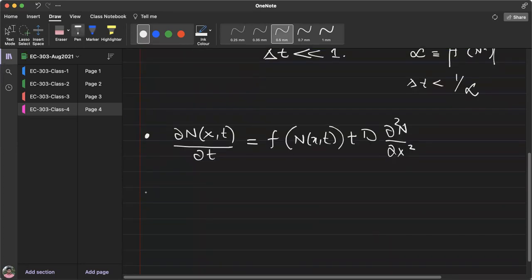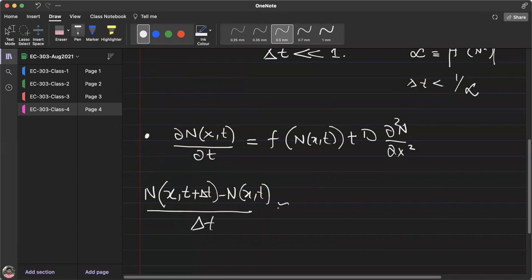So what is the left hand side? It's n at location x. Basically there is some rate of change at location x that is given by this. Now we approximate that, of course it's all approximation, right? Now, what about the diffusion?